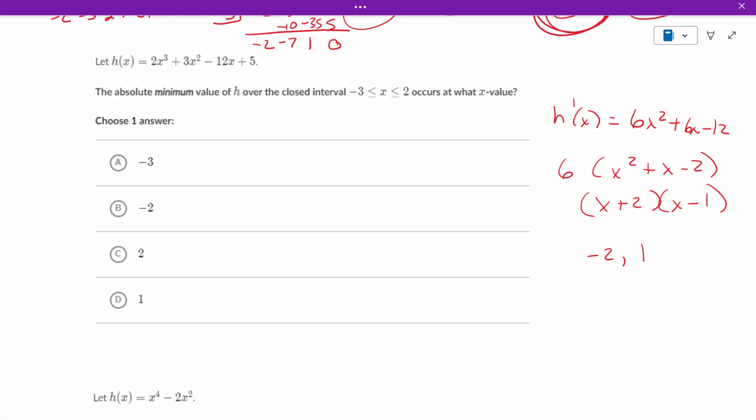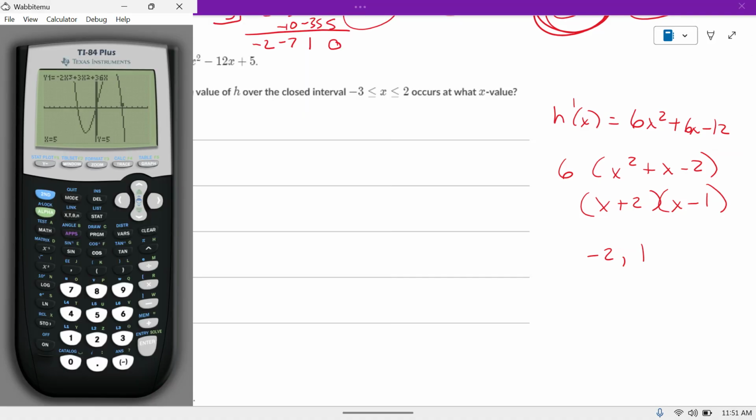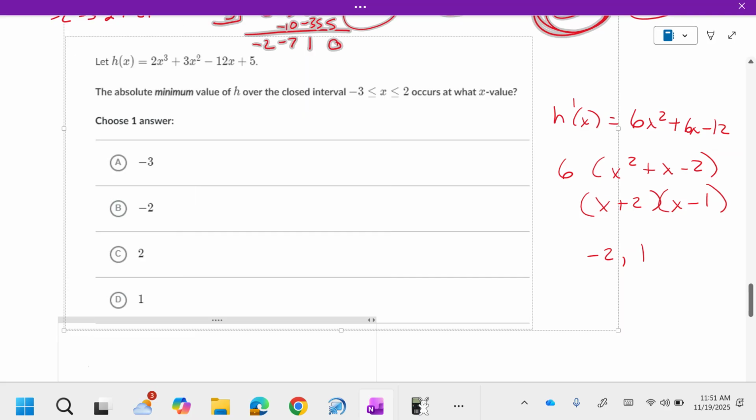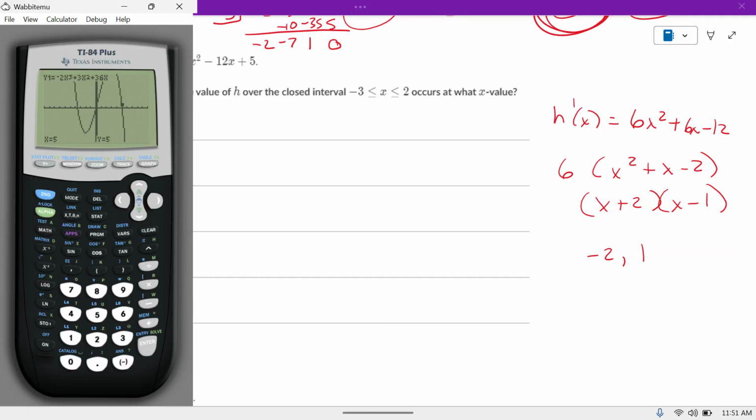So on this one, if we graph it, 2x cubed plus 3x squared minus 12x plus 5.